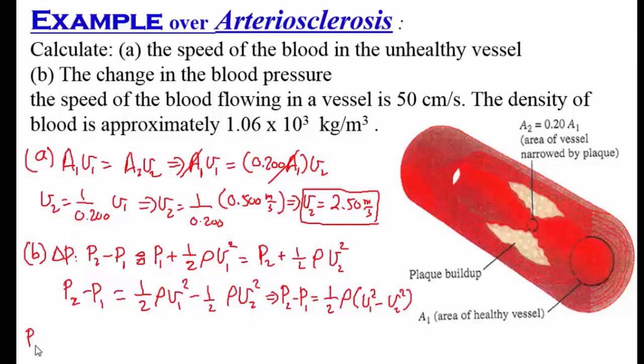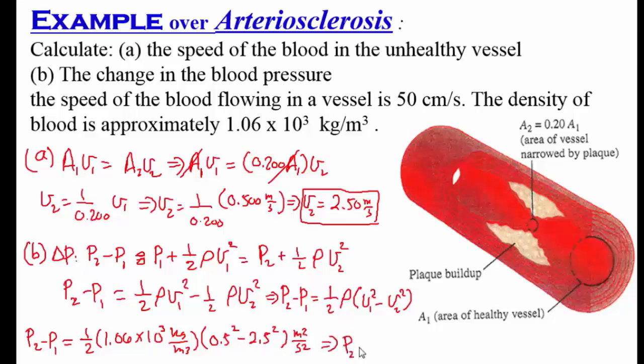So P2 minus P1 equals 1/2 times the density of the blood, which is 1.06 times 10 to the power 3 kilograms per cubic meter, times V1 squared, which is 0.5 squared, minus V2 squared, which is 2.5 squared, and this is meters squared over second squared. And if you carry out the calculation, P2 minus P1 will come out to be negative because P1 is bigger than P2.